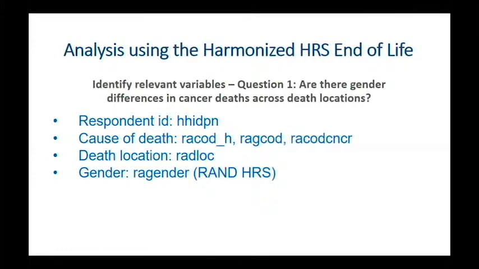From the Harmonized HRS End of Life dataset, we're going to want to look at the cause of death. And we have three variables related to cancer death: RACOD_H, RAGCOD, and RACOD-CNCR. And we're going to want to look at where the death took place, which is called RAD-LOC. From the RAND HRS dataset, we're going to want to get the gender variable, RAGENDER.